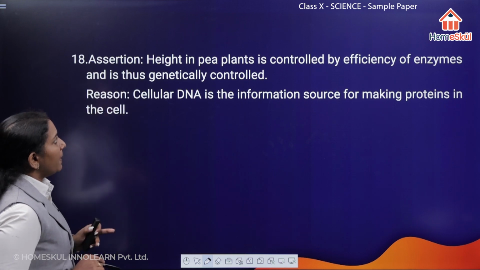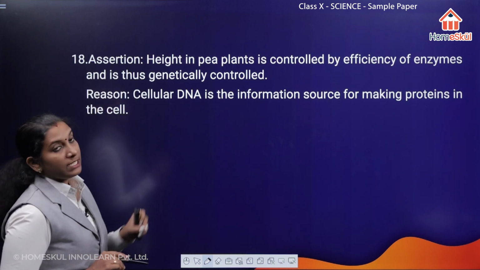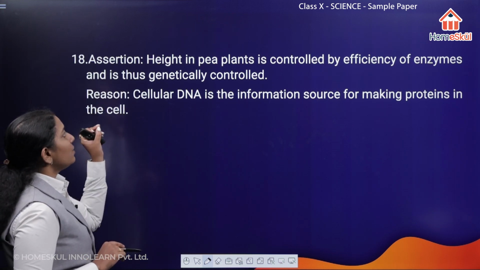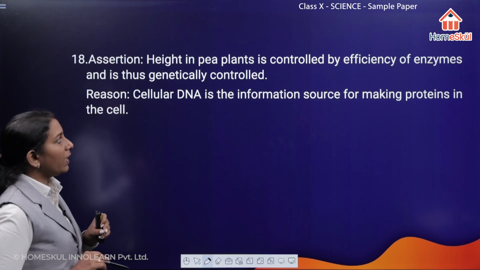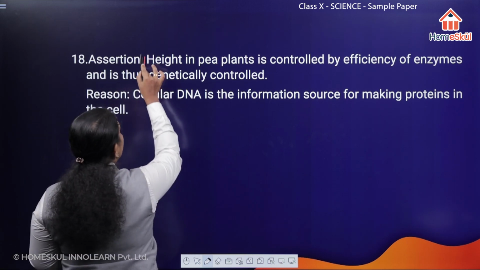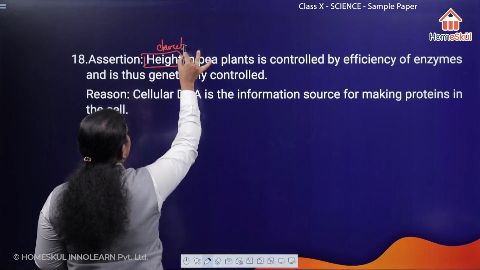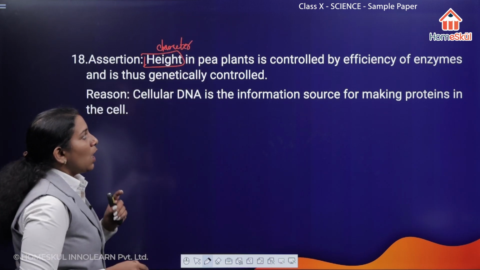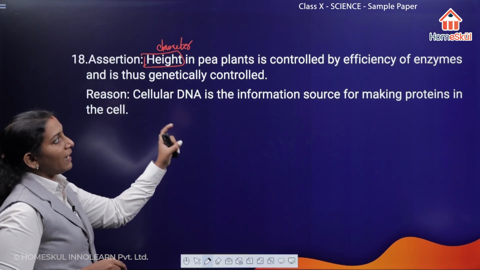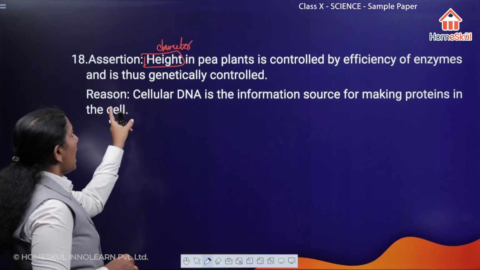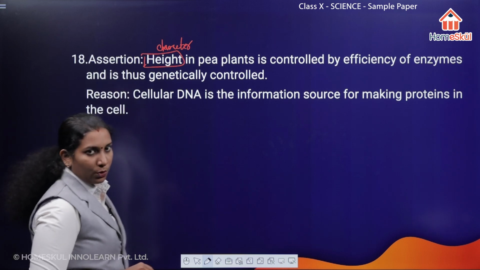Assertion: height in pea plants is controlled by the efficiency of enzymes and is thus genetically controlled. Height is a particular character found in pea plants. That character is controlled by the efficiency of enzymes and is thus genetically controlled, right?